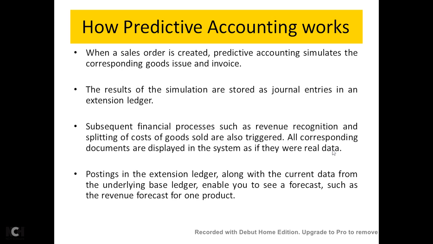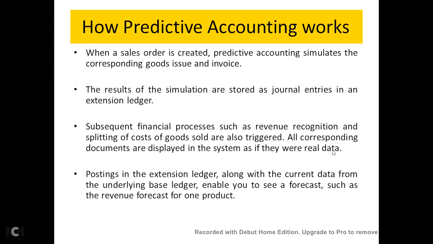Results of that simulation are stored as journal entries in the extension ledger, and subsequent financial processes such as revenue recognition and splitting of COGS are also triggered. All these corresponding documents are displayed in the system as if they were real data, and all these transactions are posted in the extension ledger.